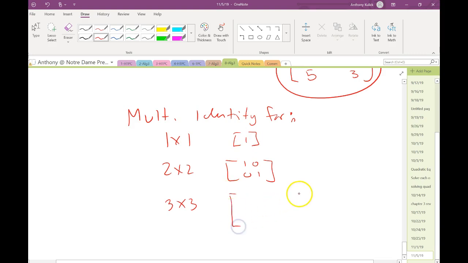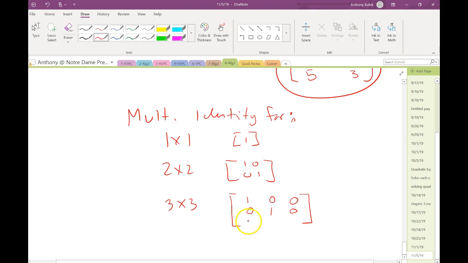What do we think the 3 by 3 is going to look like? What's the first entry, do you think it's going to be? 1. And then the next entry, 0. And the entry after that, try 0. And the next row, what do you think the first entry is going to be? 0. The next entry, 1. The next entry, try 0. It's a 50-50 guess.